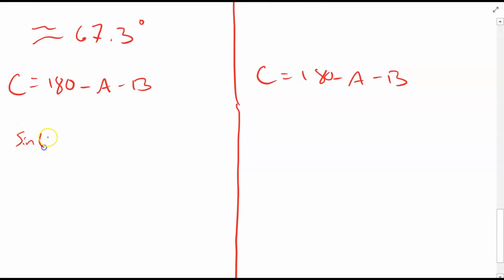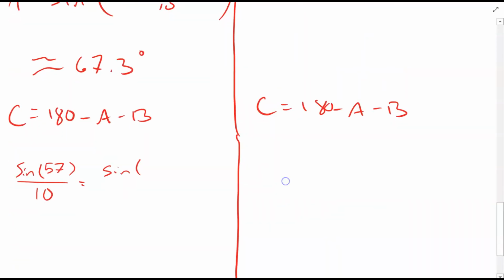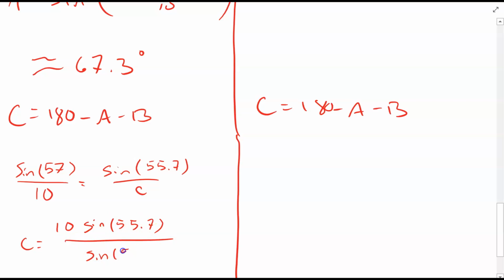So I'm going to do sine of angle B over side B is equal to the sine of angle C, which in this case was 55.7, over side C. So I can cross multiply and divide. And when I do that, I get 9.9.